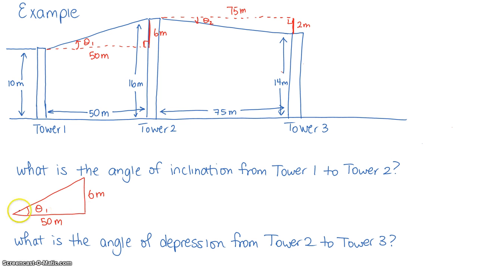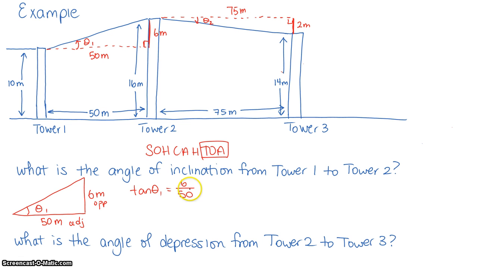So if I first do the angle of inclination from tower 1 to tower 2, I have an unknown angle, an opposite side, and an adjacent side. The one that uses opposite and adjacent, using SOHCAHTOA, is tan. So tan of my angle 1 is going to be opposite 6 over 50. Now I need to find the angle, and I have the ratio.